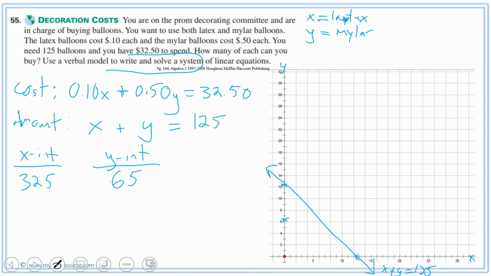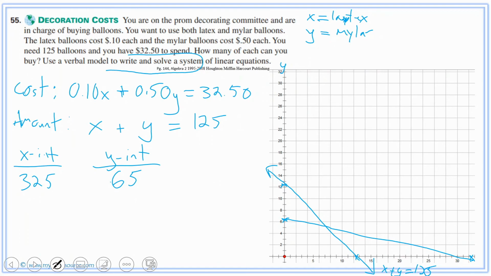Because we're dealing with balloons, we have to have a whole number. And so it has to touch at a whole number intersection, or else it's not going to be correct. All right, so let's go ahead and try to maneuver this. I'm just trying to look to see how I can draw this line nicely. All right, I should have done a different color, but I think that actually came out decent.